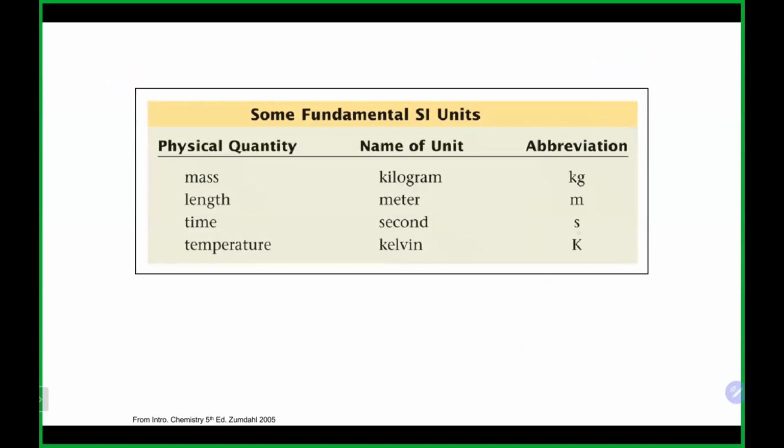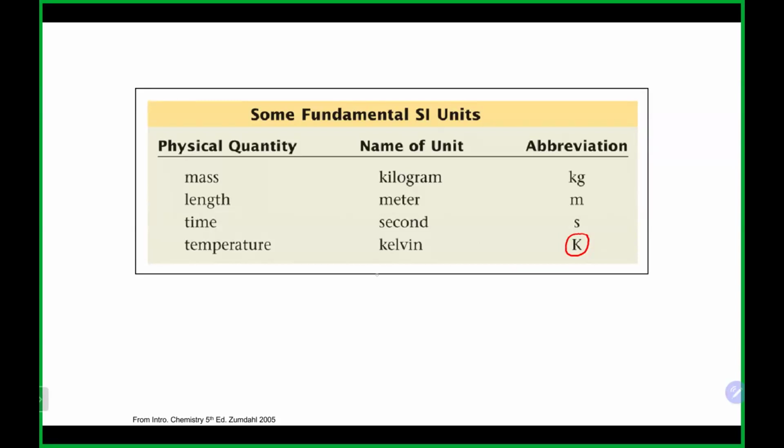And temperature is a unit that maybe you're not familiar with, but you will be very familiar with once you're done with chemistry here, and that is Kelvin. Kelvin is pretty much the winner in terms of temperature units for chemistry. Almost all formulas in chemistry, if you have a temperature and you need to use it, you need to convert it to Kelvin as the standard temperature unit. And as we'll talk about, Celsius to Kelvin is a very common conversion that we do a lot in here.